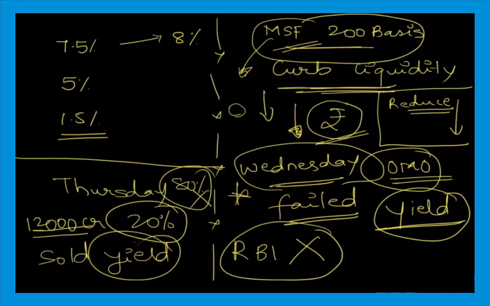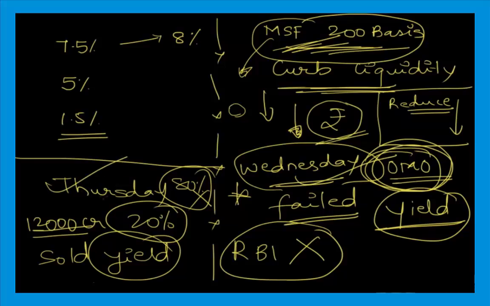So what is happening is, post the MSF hike of 200 basis points, which was to be supported by open market operations on Wednesday and Thursday, it is failing because RBI is not able to suck more liquidity out of the system, as bids are getting rejected. So what are the options left with the RBI to control liquidity in the market and to help the rupee?